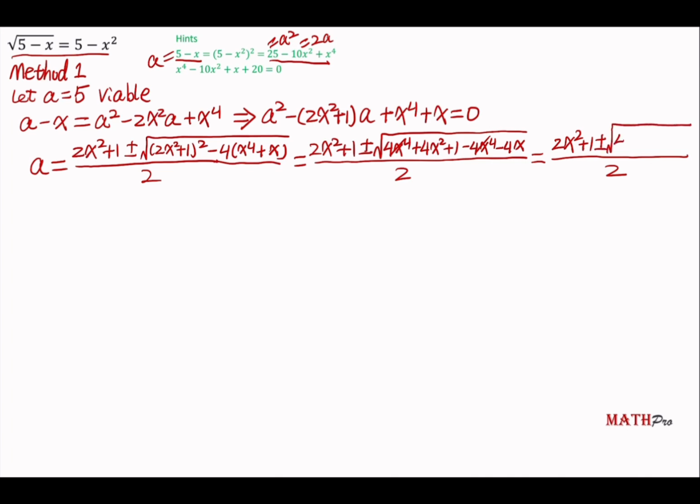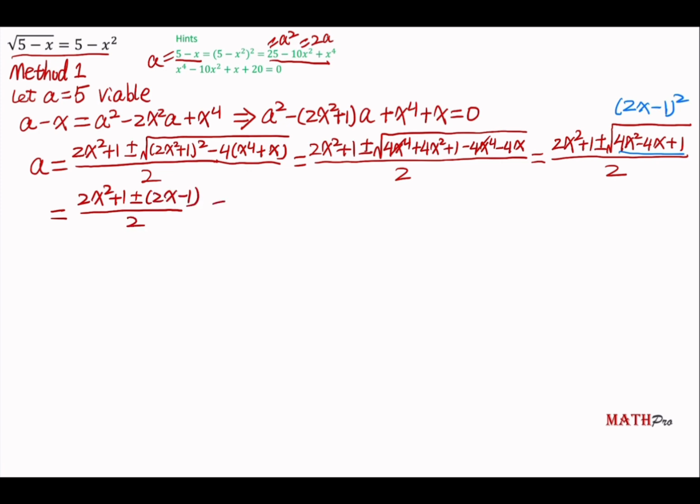Inside is 4x squared minus 4x plus 1. So here it is actually (2x minus 1) squared. So a equals 2x squared plus 1 positive negative (2x minus 1), over 2.